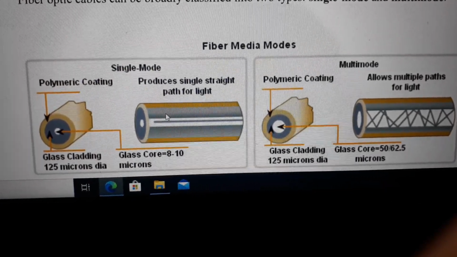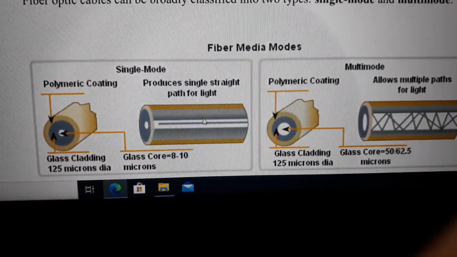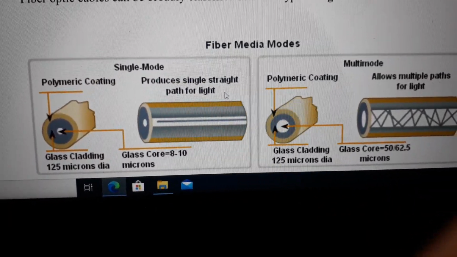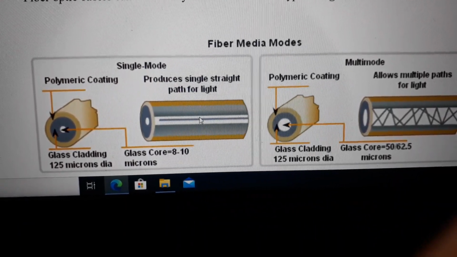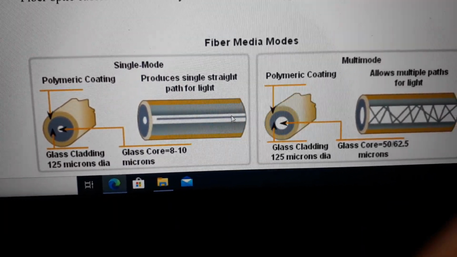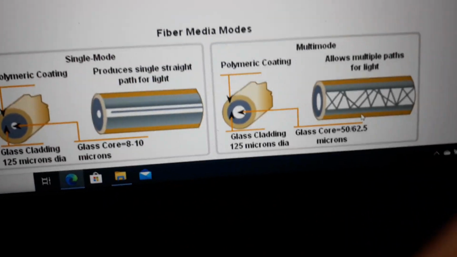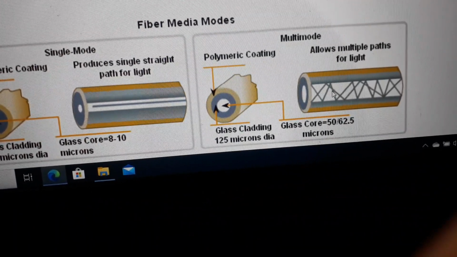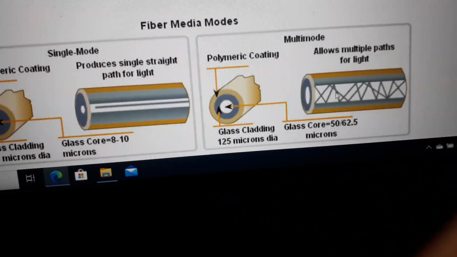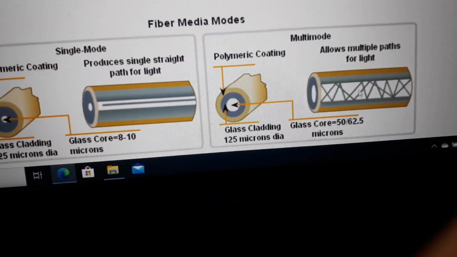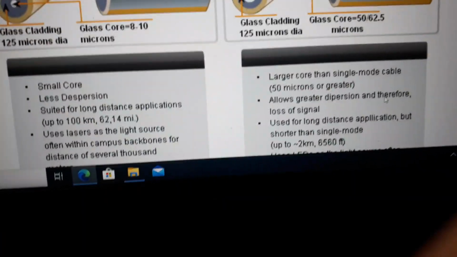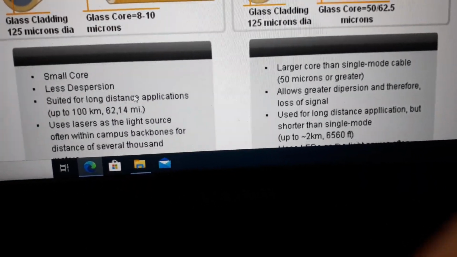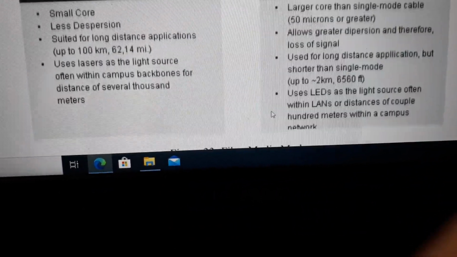We can see here single mode. It produces a single straight path for light. Whereas in multi-mode we have multiple paths for light, and each of them has some characteristics.